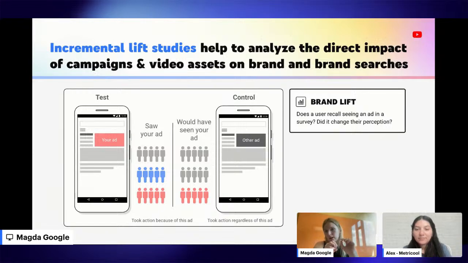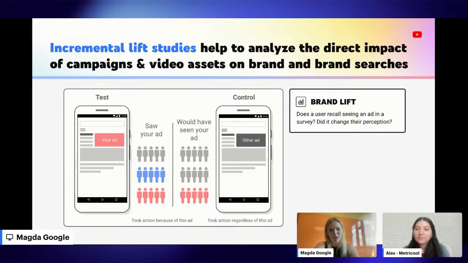So basically this is a lift study. We would have a test group that should be seeing the ad, because it's targeted by it. And then we take part of the audience that normally would have seen the ad, but instead we choose to show them the second ad in the auction. What's very important here is that those people are still in your target group.